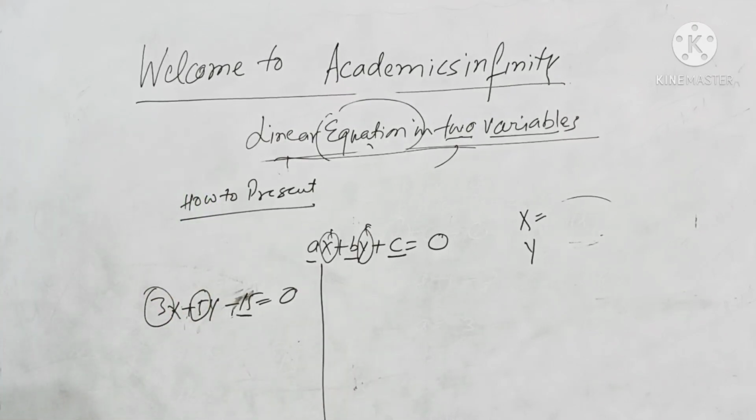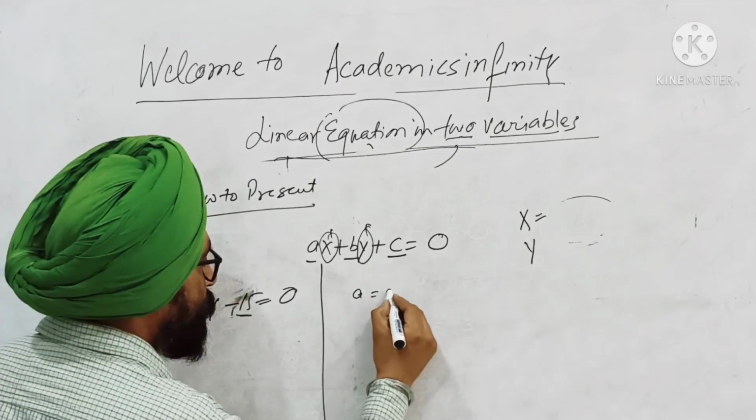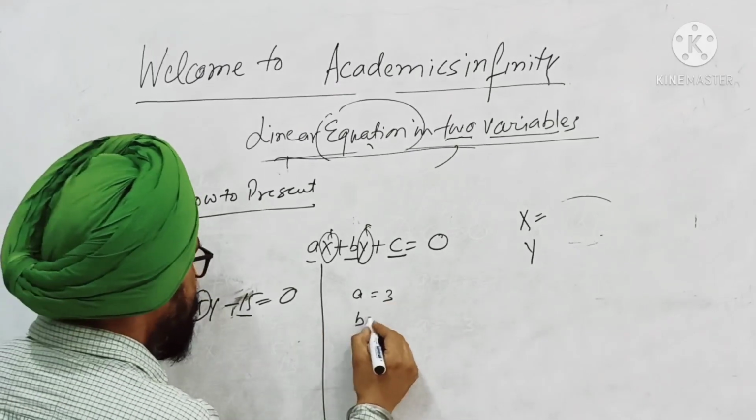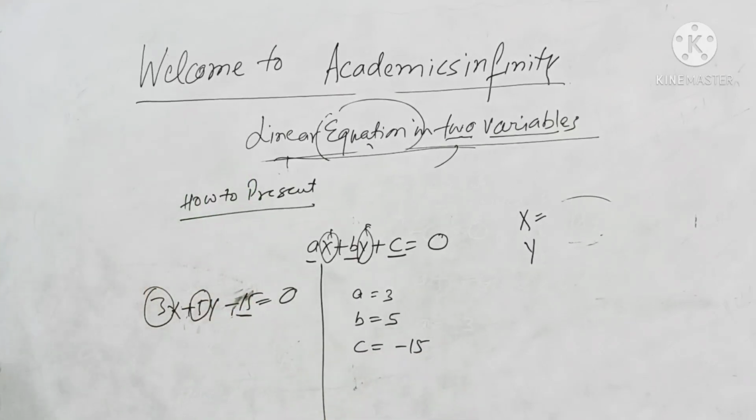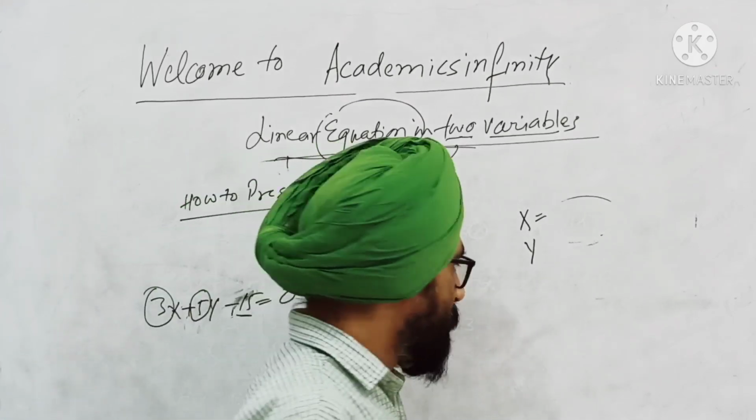Now we are going to describe all this: a = 3, b = 5 and c = -15. a, b, c are real numbers. It is clear.